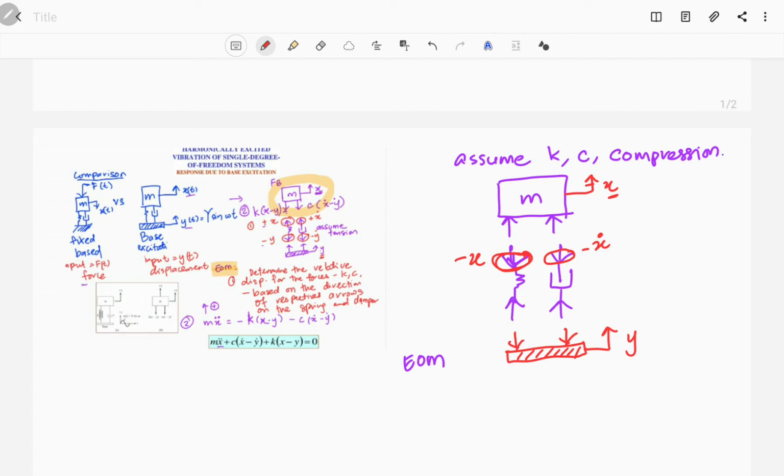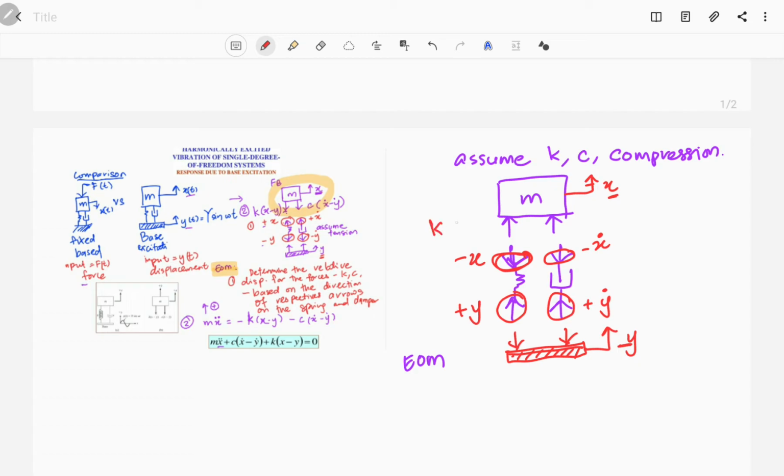Then you look at the other side, which is the side of the base, the side of Y. You look at the arrowhead and the direction of your Y. It's the same direction, so that means your Y will get positive, same as your Y dot. The action reaction forces, both are the same.